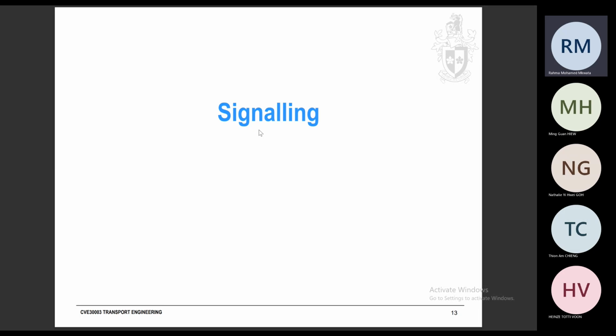So the 2 trains were actually moving in opposite direction, and they were on the same track. So somewhere the signal didn't work properly. There was some sort of miscommunication. So signaling is very important to ensure the safety of your road users, of the people on board.